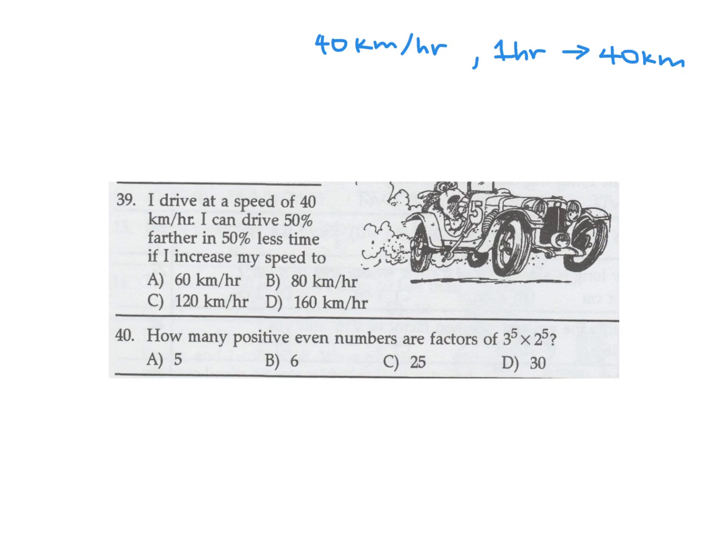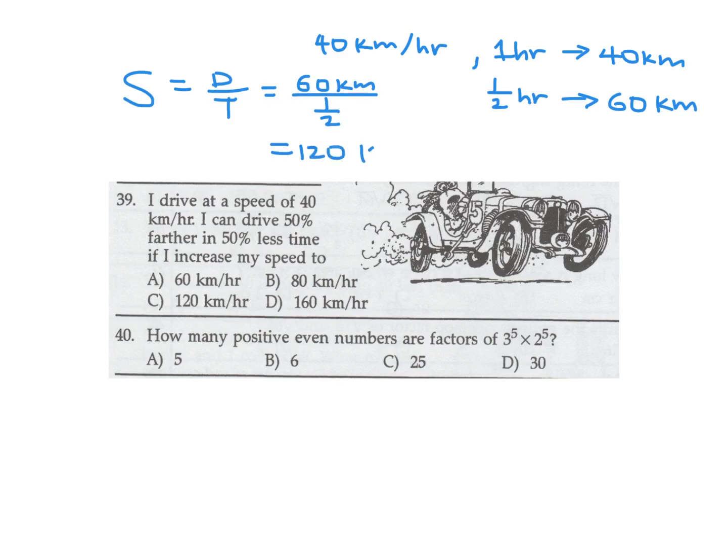So we want to get to 60 kilometers, and we want to do it in 1/2 hour. They're asking what's the speed. Speed is equal to distance over time. Distance in this case is 60, the time is 1/2, so that would be 120 kilometers per hour. And therefore number 39 is C.